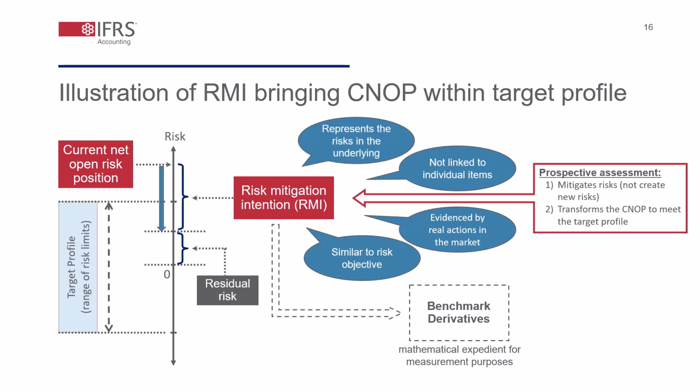One possible example of such benchmark derivative is a vanilla interest rate swap with a maturity date matching the time bucket of the risk it needs to represent, a floating leg referenced to the same benchmark interest rate the entity is managing, such as 6 months Euribor, and a fixed leg to ensure the derivative has a zero fair value on the construction date. This means that the benchmark derivative must be determined using the on-market spot rate for the managed risk at the time of designation.